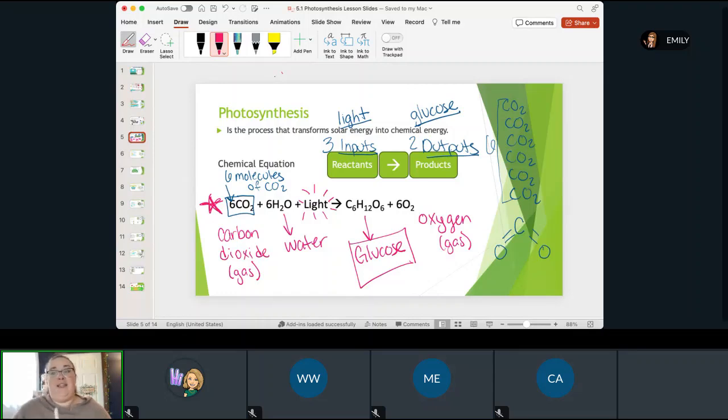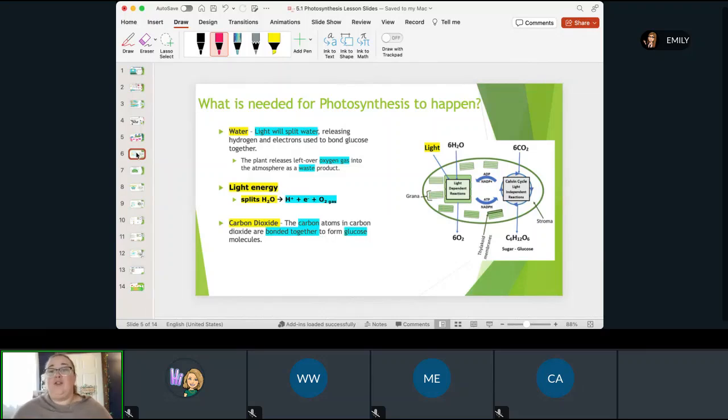Yes, and the reason we need sunlight is that the energy from light helps make the bonds necessary to build a glucose molecule. Okay, so let's talk about why these different things are needed for photosynthesis to happen. Why do we need water?